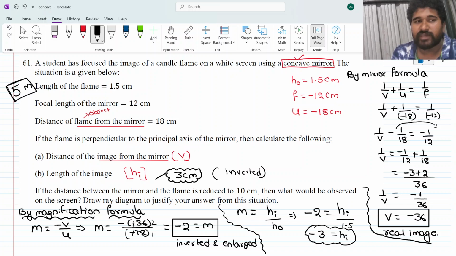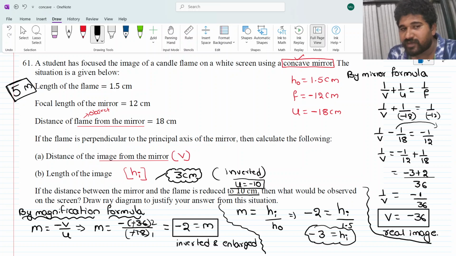He asked something extra. If the distance between the mirror and the flame is reduced to 10, meaning the new object location is minus 10, then what will be observed on the screen?